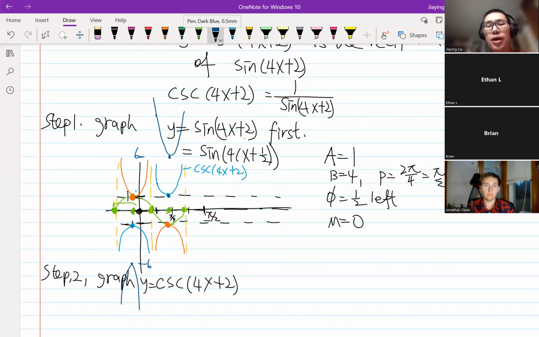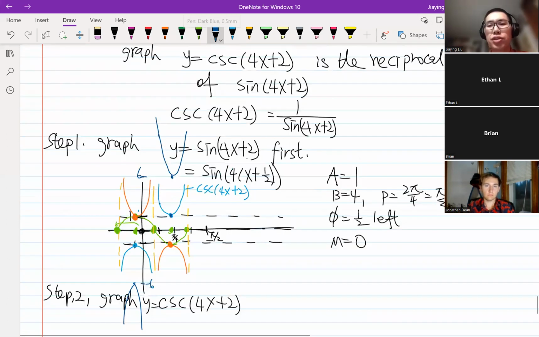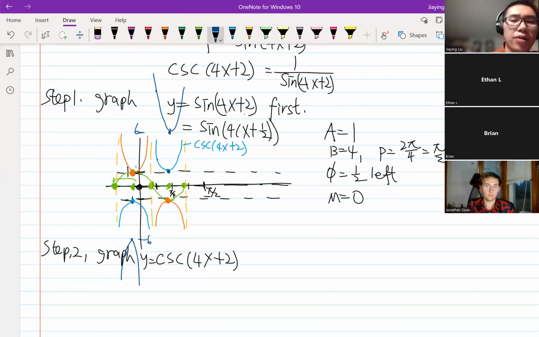Not pretty. And the last thing we do is shift it down 1. So if we move it down 1 unit, the 6 becomes 5. So we get this graph, still with this vertical asymptote here. And this graph is going to shift down to -7. Still has a vertical asymptote.